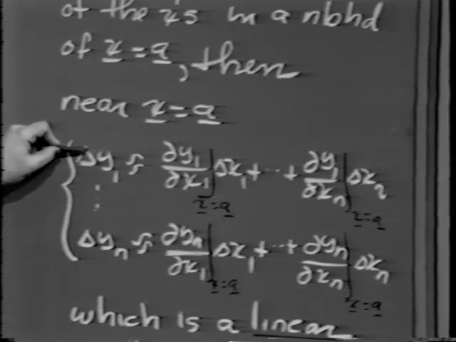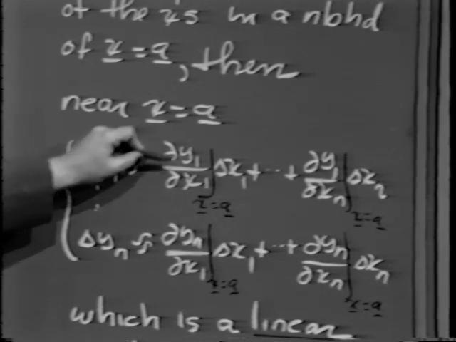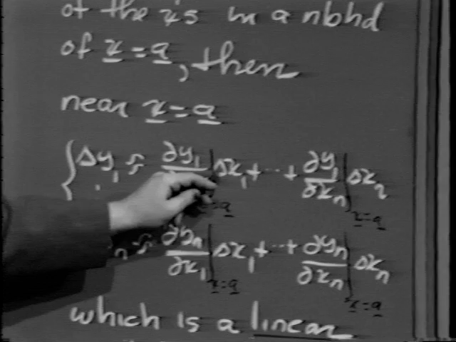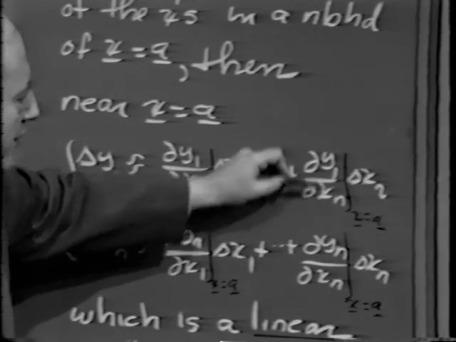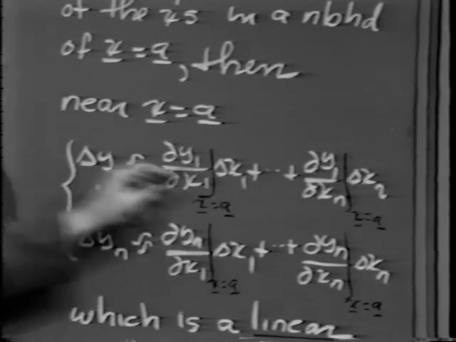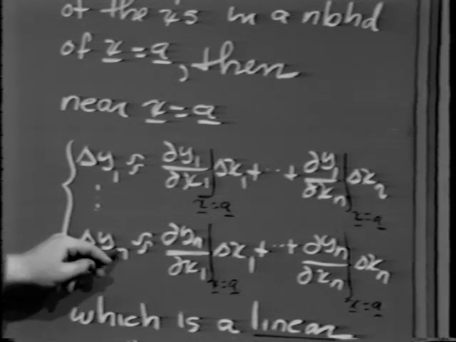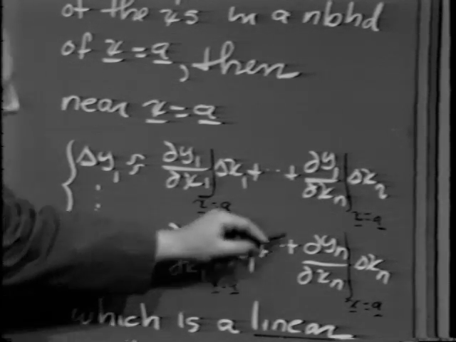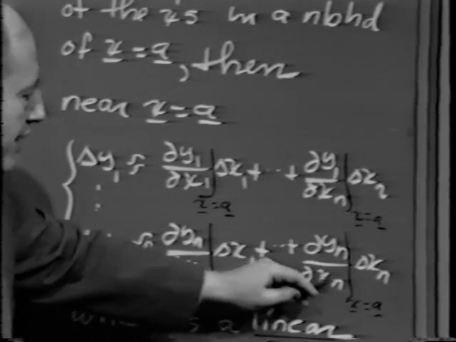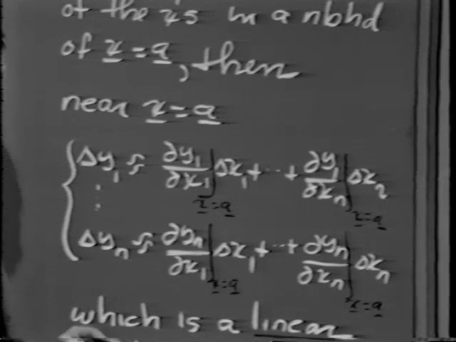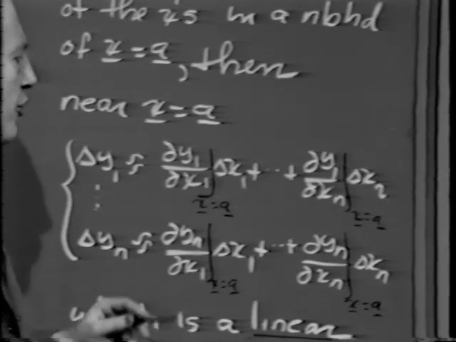So that what we're saying is, and remember this is what motivated our linear systems in the first place, that delta y1 is approximately the partial of y1 with respect to x1 evaluated when x bar is a bar, times delta x1 plus, etc., the partial of y1 with respect to xn also evaluated when x bar equals a bar, times delta xn, etc., down to delta yn is approximately equal to the partial of yn with respect to x1 times delta x1 plus, etc., the partial of yn with respect to xn times delta xn, where all of these partials are evaluated specifically at the point x bar equals a bar. The point being what?